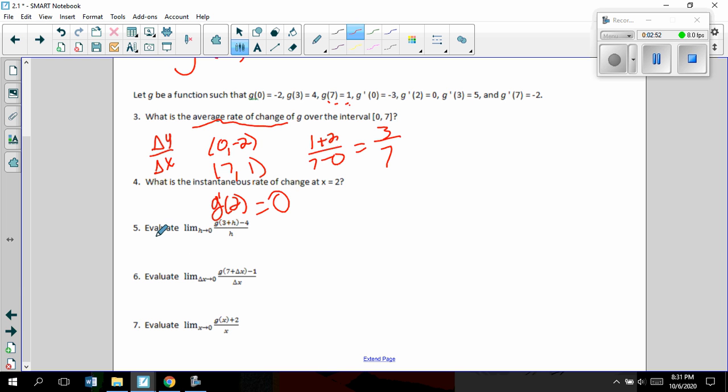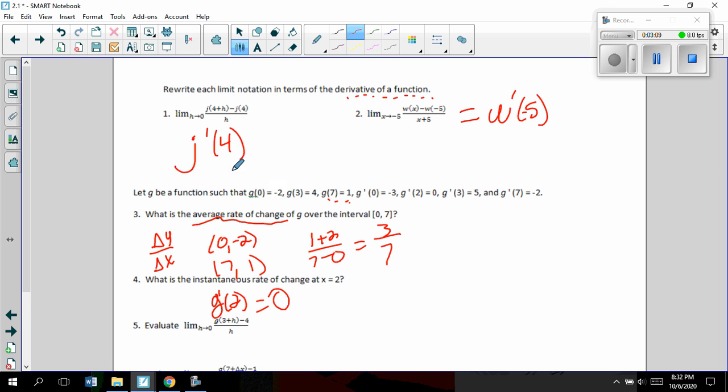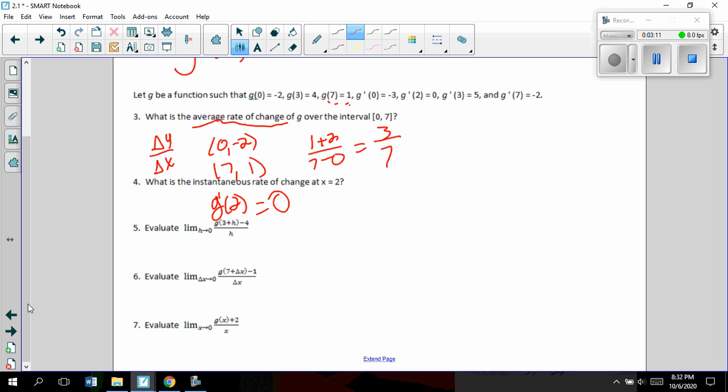All right, now here's the 5th one. This was in the video introducing this, so hopefully you already know the answer to this. But we have H going to 0, and we have this divide by H. So this is your formal definition of a derivative. Just like up here, I want to figure out what I am taking the derivative of and where.